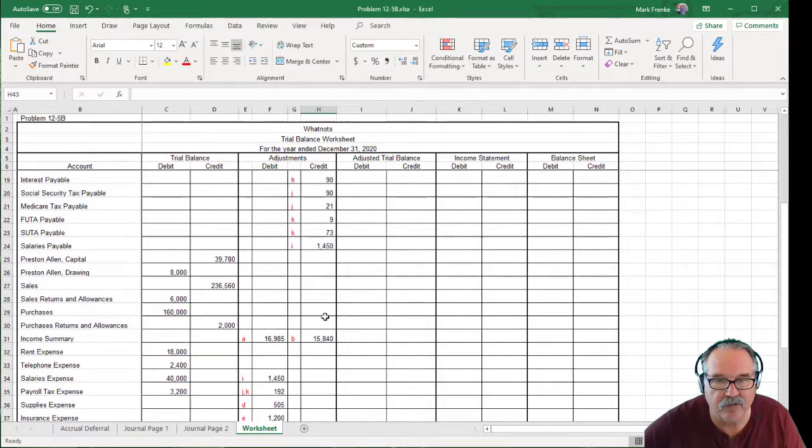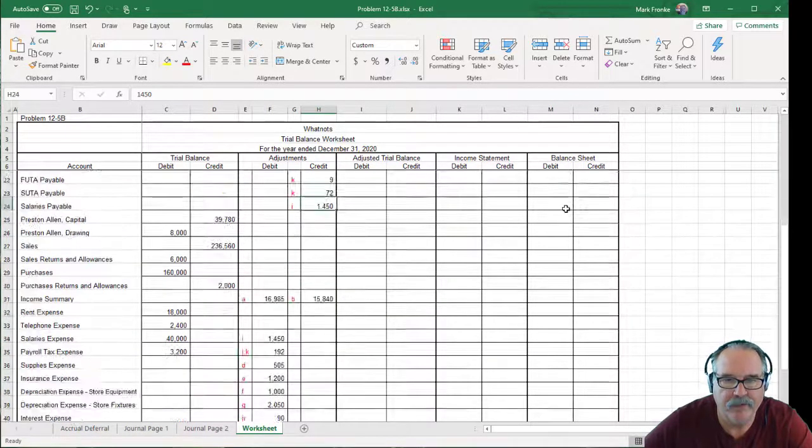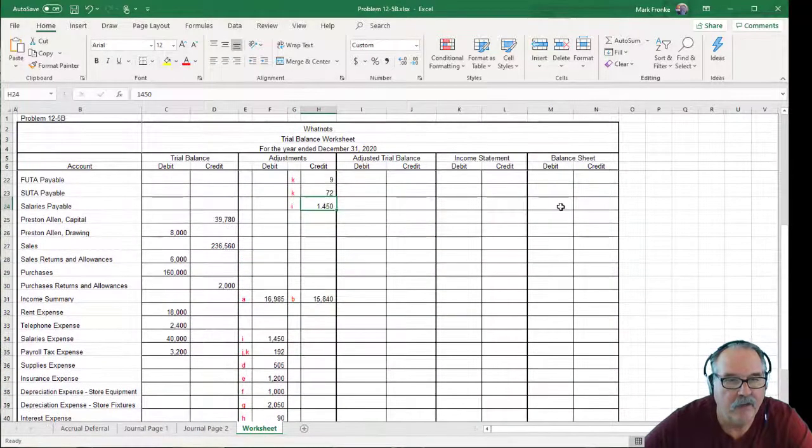I think our payroll entry may have been off by $1. I had to change the SUTA payable to $72. I had just a few pennies rounding difference. I'm not showing pennies here, and it created a rounding problem, but not to worry, I've just fixed it by changing it to $72. So SUTA payable should be $72. Again, I'm just rounding everything to the nearest dollar.